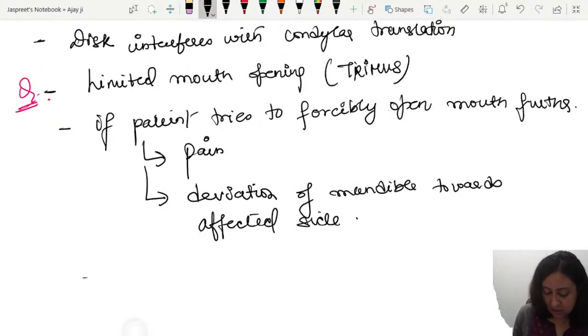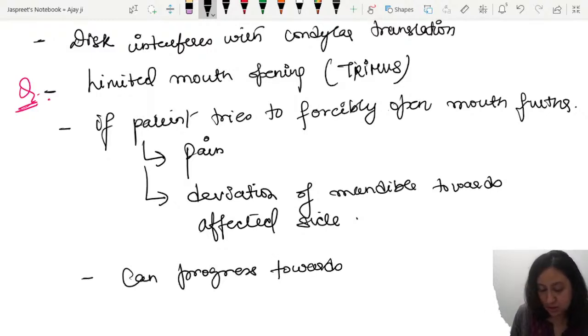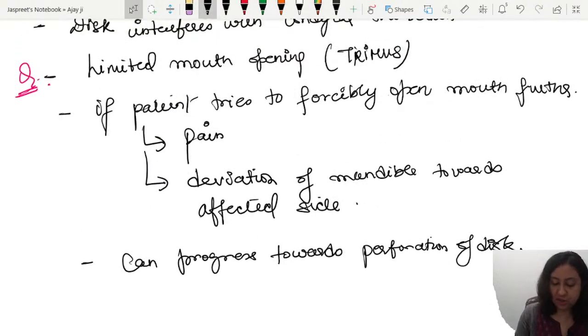Alright, this condition can progress towards perforation of the disc. In this condition, disc perforation can also occur.